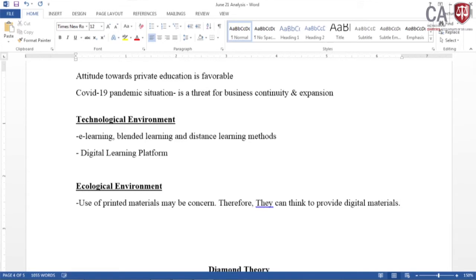For example, organizations like IBM have established a green campus, so they can establish new buildings.